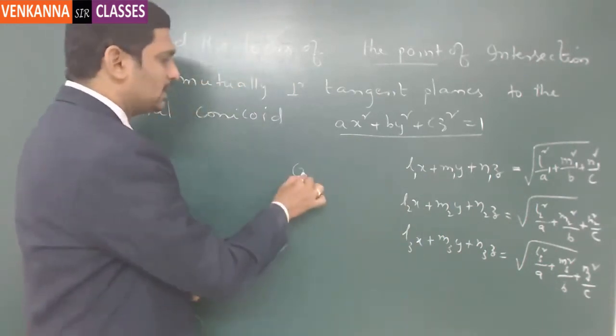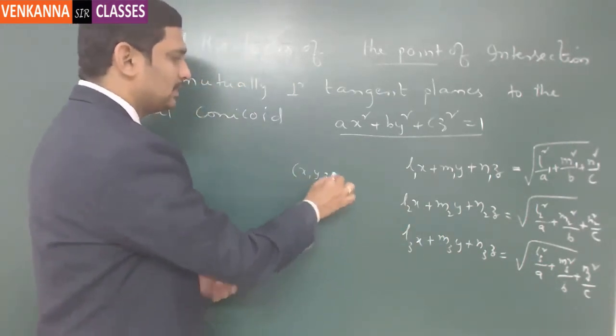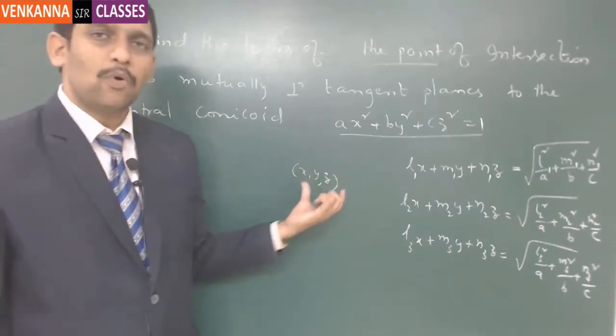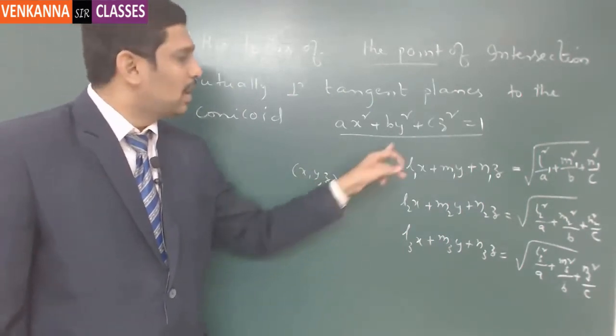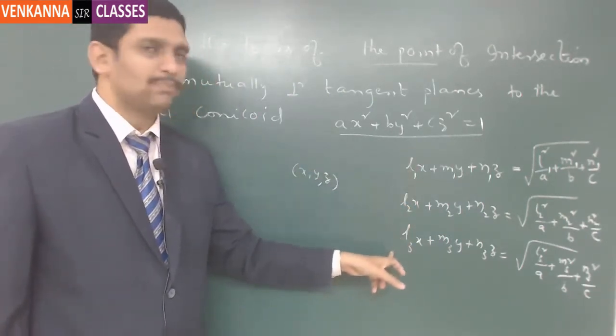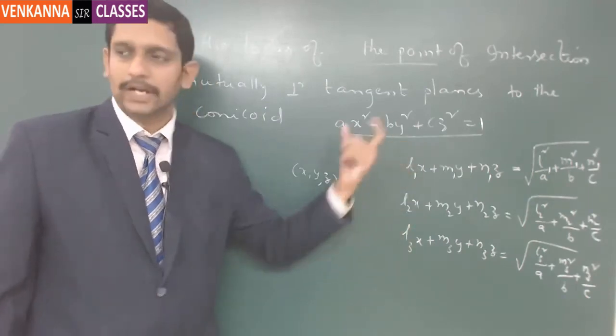So the point XYZ is the point of intersection of all three tangent planes of this conicoid.